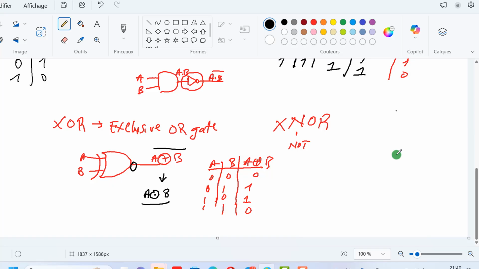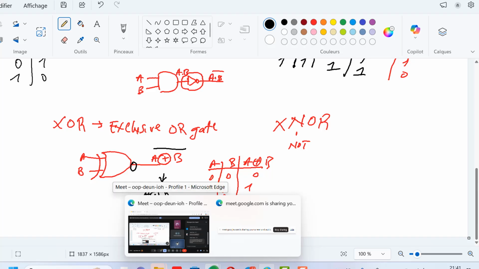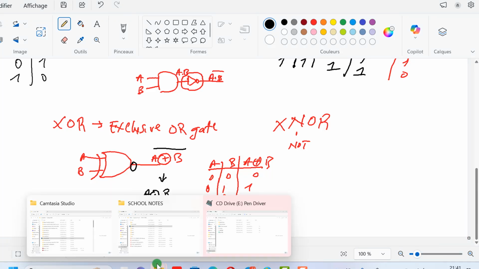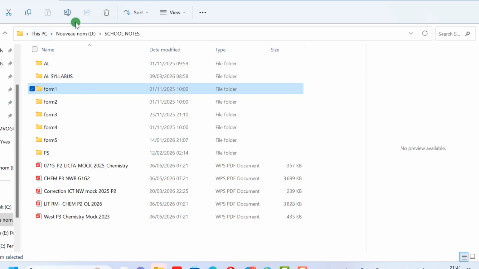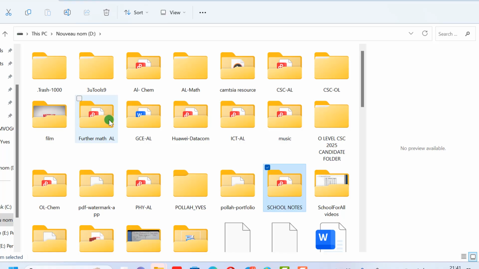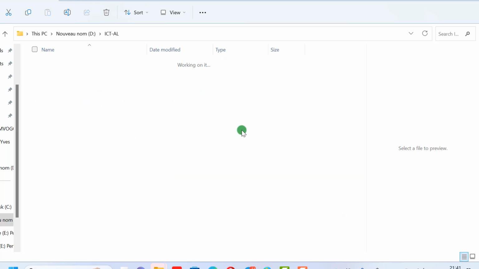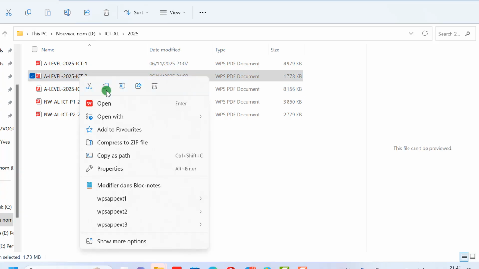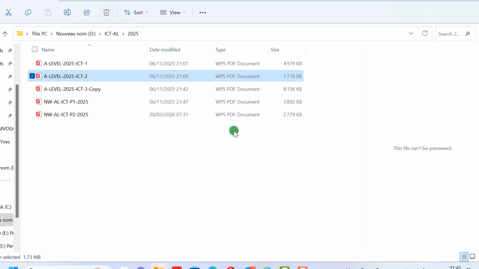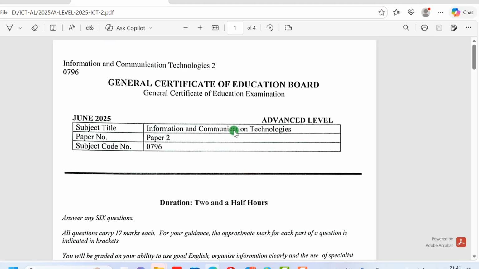Now let us go to questions so you can see how we answer past questions. Let me take some questions. We can even answer GCE questions. ICT A-level 2025.